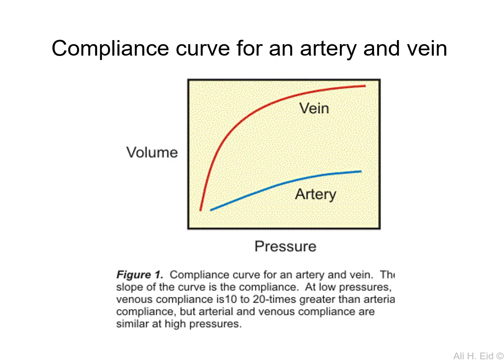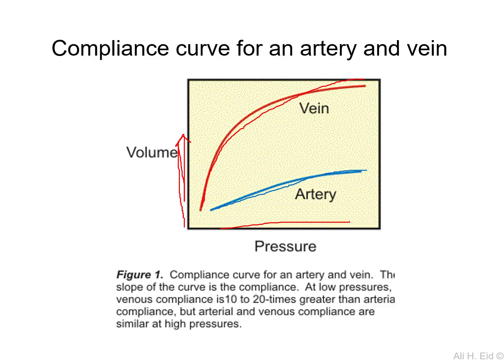So if you compare the compliance, maybe this makes the concept clearer. If you compare the compliance between an artery and the equivalent vein, in both cases, as the pressure is increasing, the volume that we can put in is increasing, right?